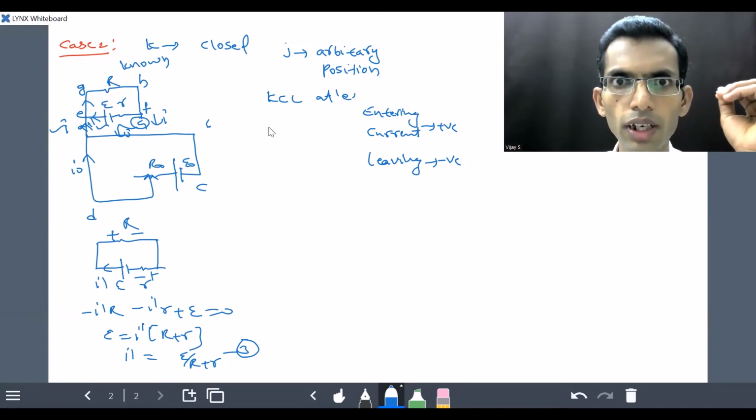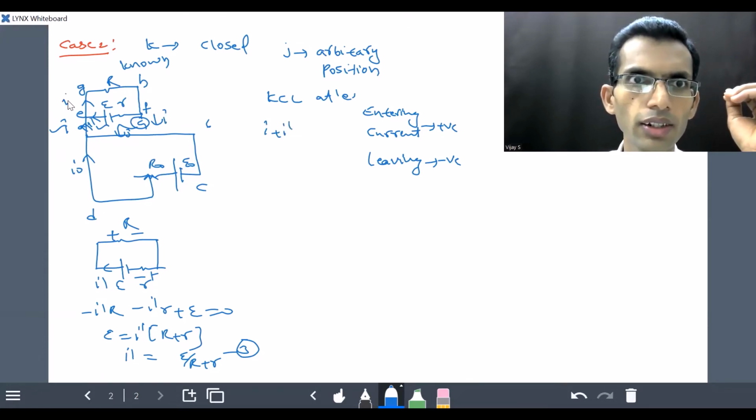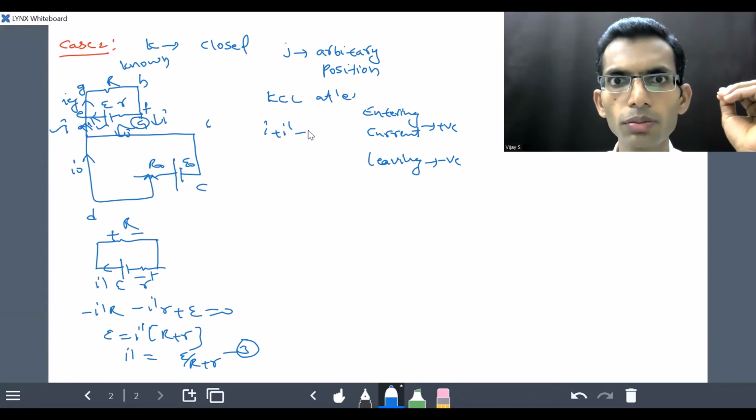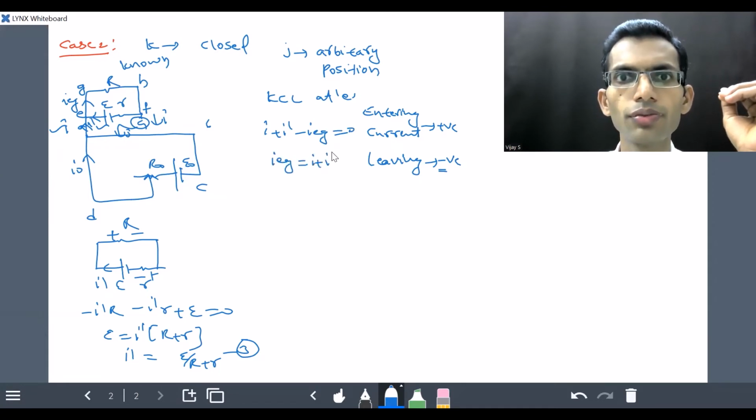IAG is the leaving current, so minus IAG. The algebraic sum must be 0, so IAG is equal to I plus I dash.